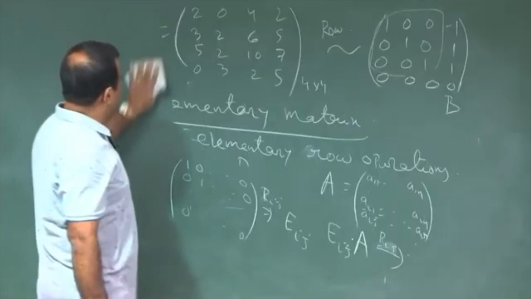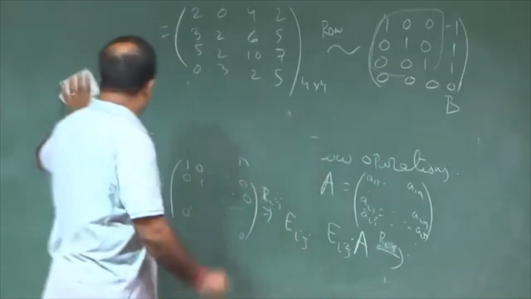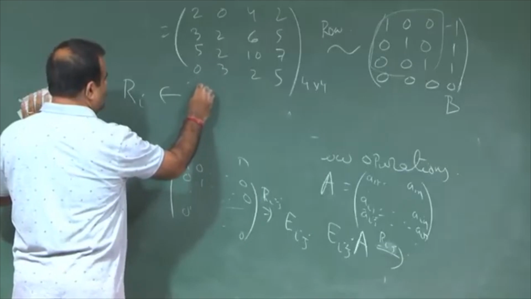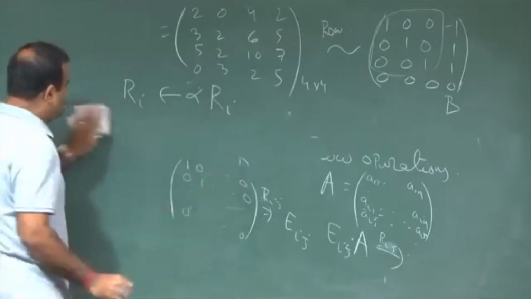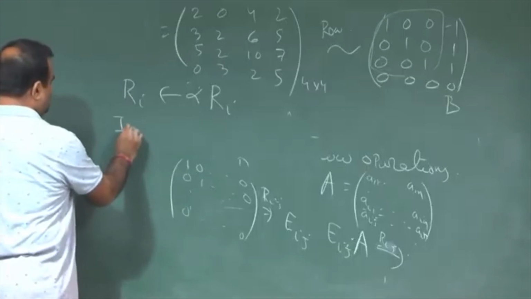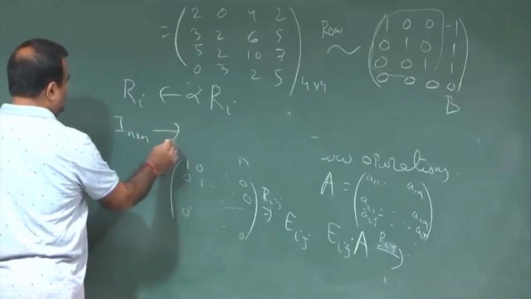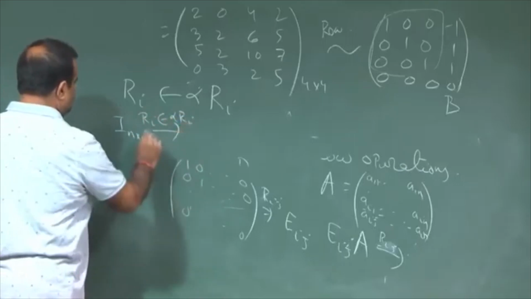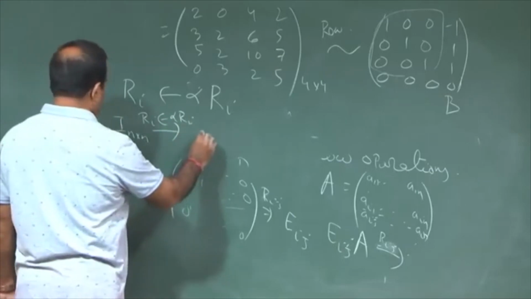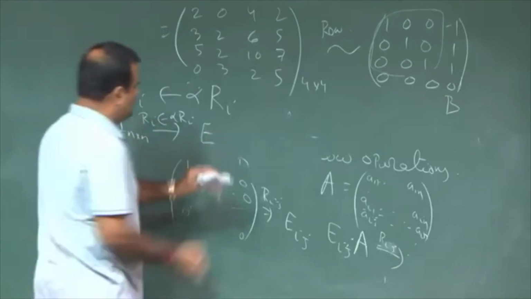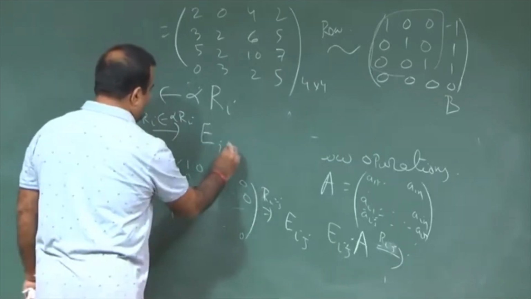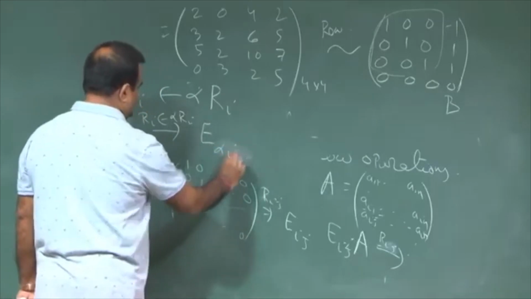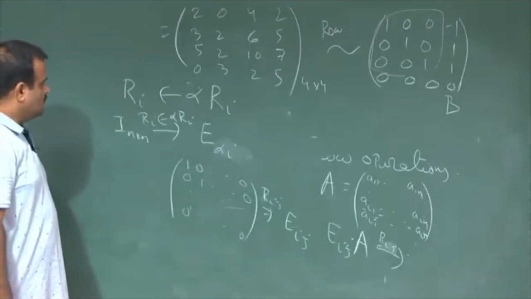Similarly, the other two row operations are also the same. If we are going to replace R_i by some constant alpha times R_i, what will we do? We take the identity matrix of size n by n. Now, we apply this row operation, R_i going to alpha R_i, on this identity matrix, and we get this E matrix. This is an elementary matrix, and we multiply alpha in the ith place.